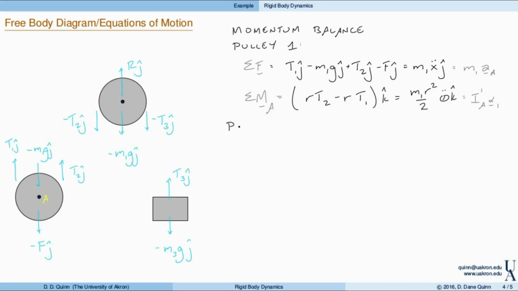So then for pulley 2, the equations of motion, particularly linear momentum balance, is the sum of the forces.